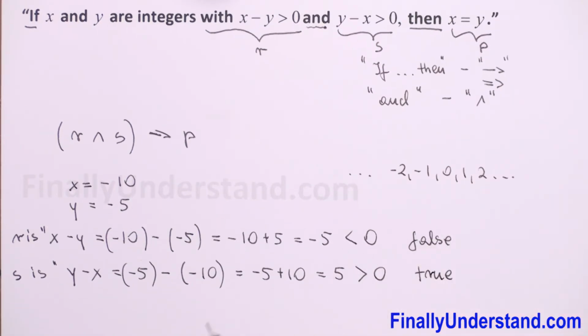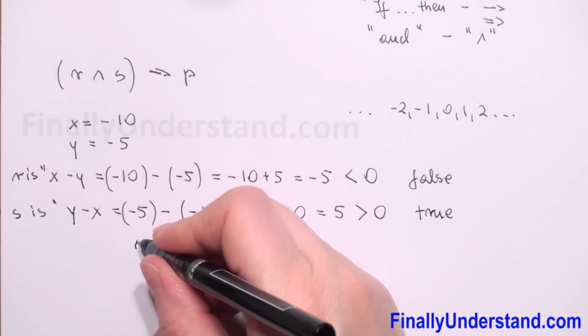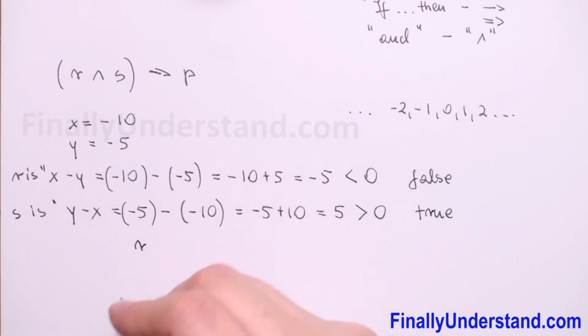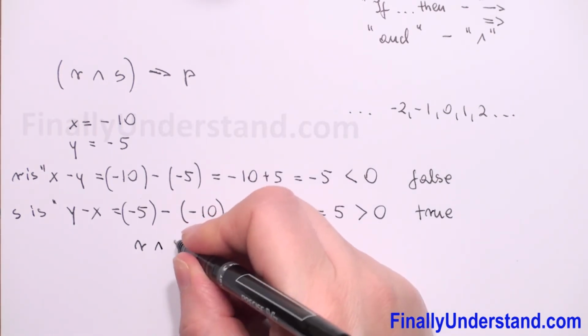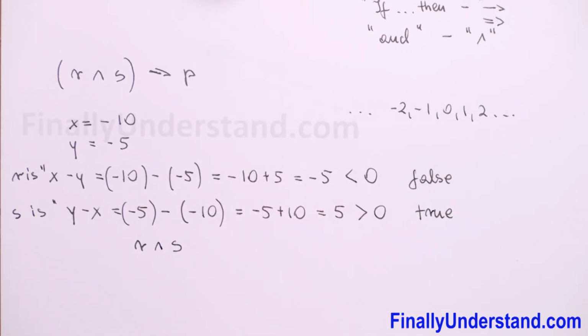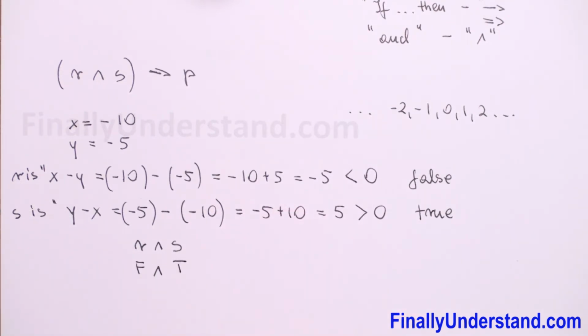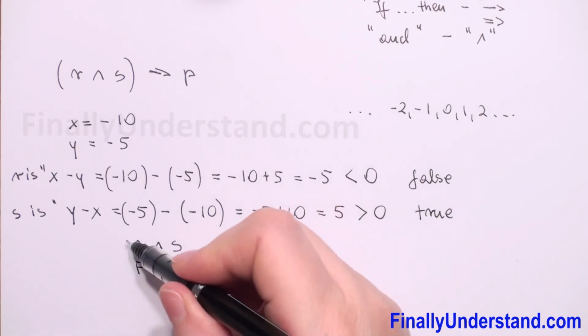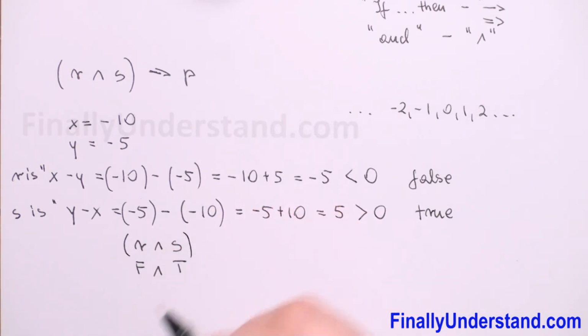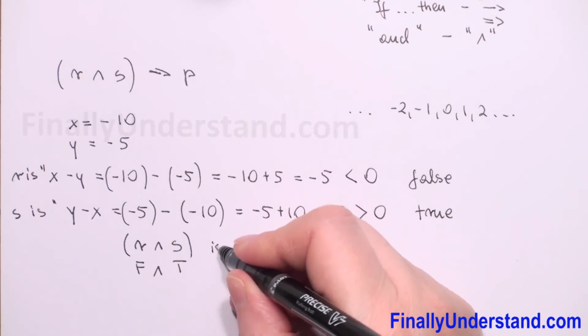Between r and s we have a conjunction, and we know that a conjunction is true only when both statements are true. We have that r is false and s is true, so our conjunction is false.